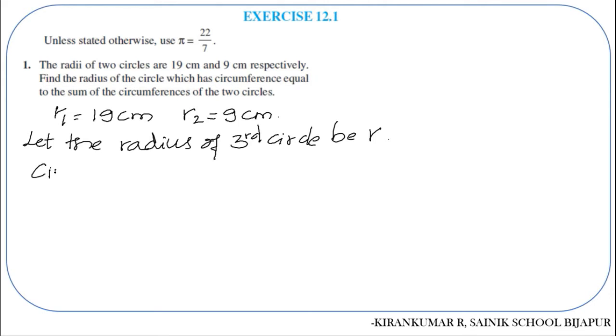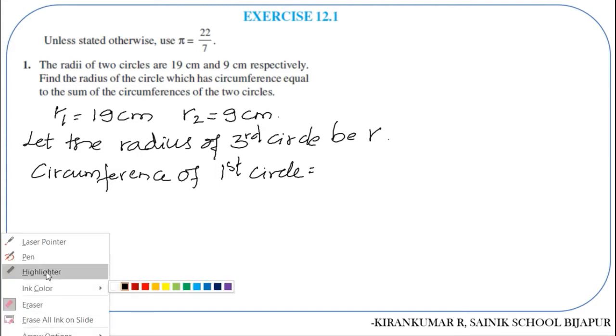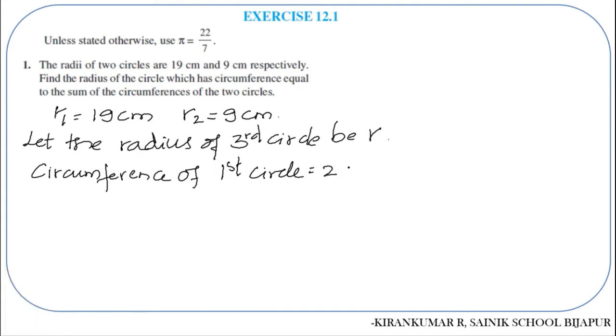So the circumference of first circle is 2 pi R1, which is 2 pi times 19, which is 38 pi.